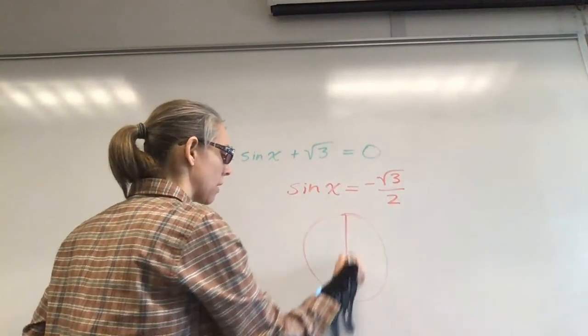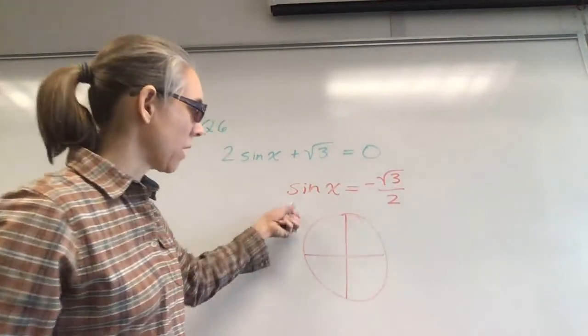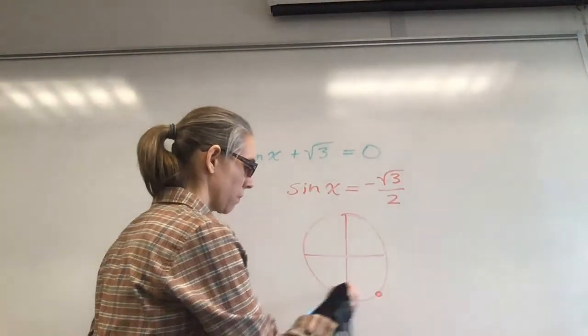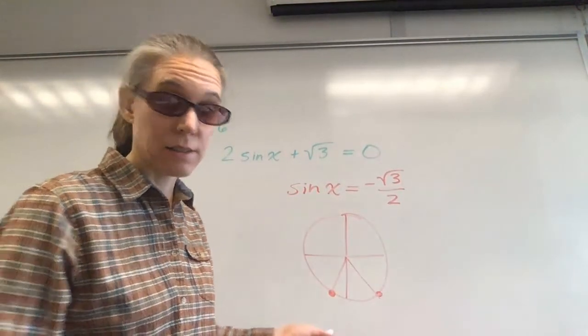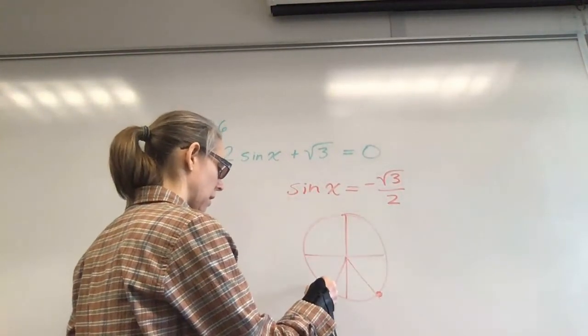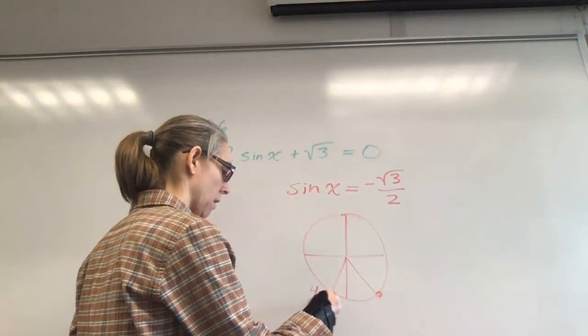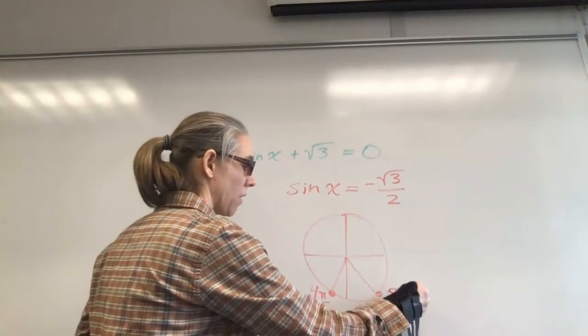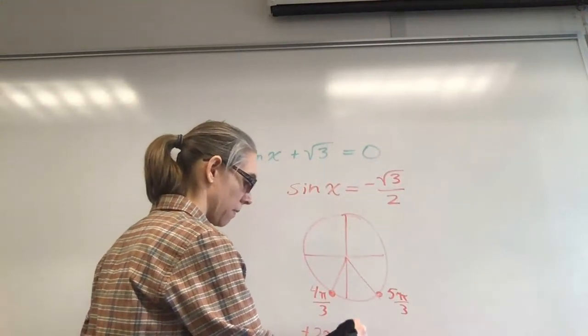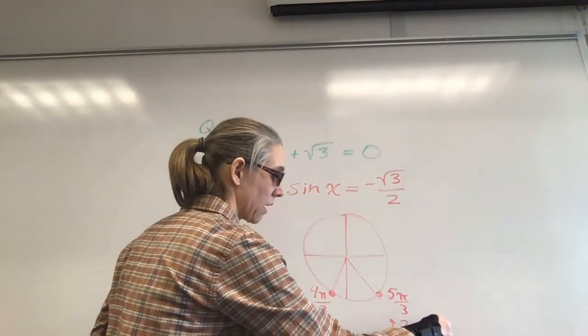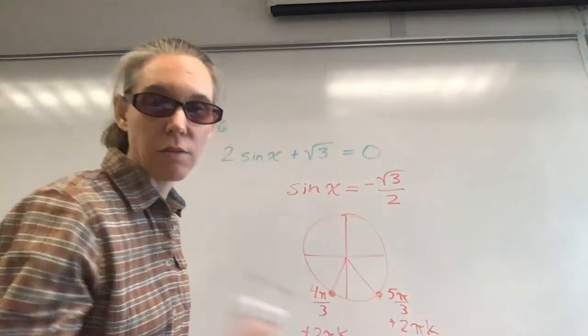Of course, we know that there are 2 places where sine of x is negative root 3 over 2. Those values down here, these are going to be in radians. So this is going to be 4 pi thirds and 5 pi thirds plus 2 pi k. That would give us the infinite number of solutions.